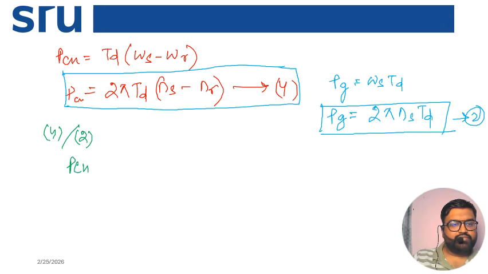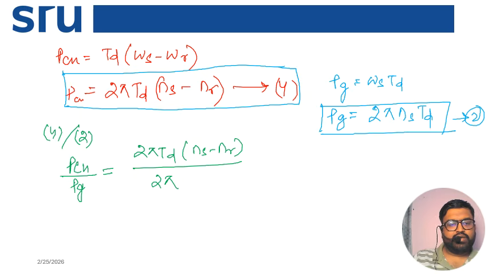P copper by Pg is equal to (Ns minus Nr) Tt by 2 pi Ns into Tt. Now you see, 2 pi Tt cancels. Then what are you getting now?